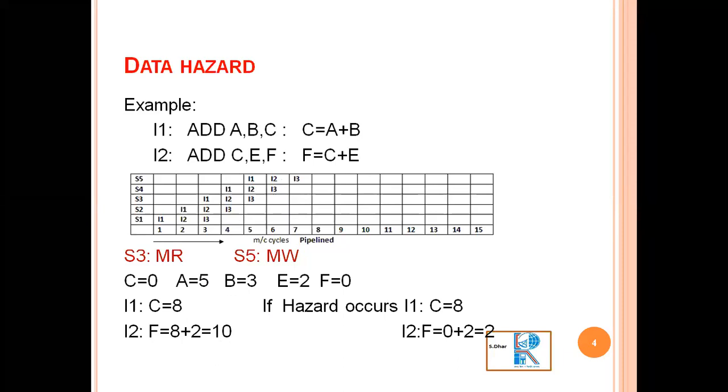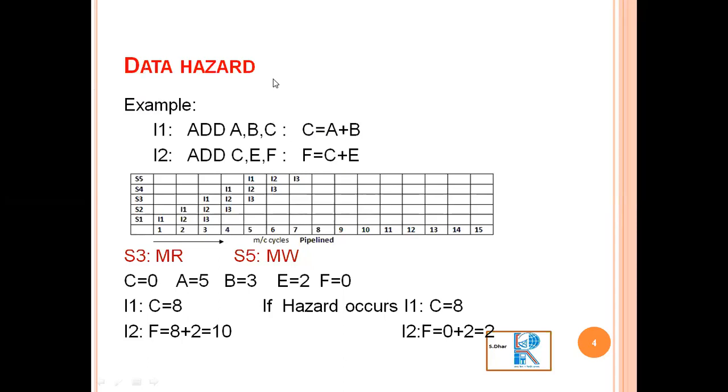So what is the reason for the hazard? The reason is that in these two instructions there is a common register. What is the common register? C. Due to this common register a hazard occurs, and this type of hazard, where the following instruction has one register or memory location in common, is called the data hazard.